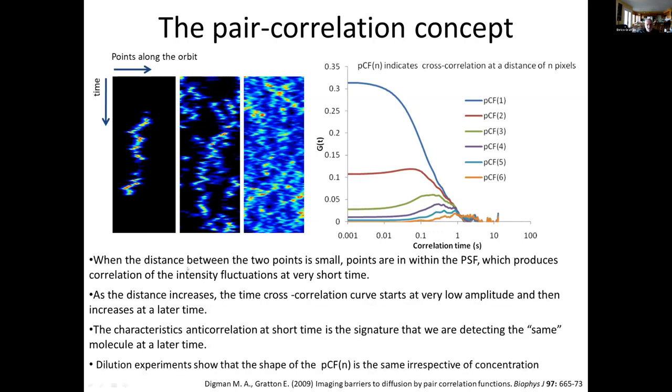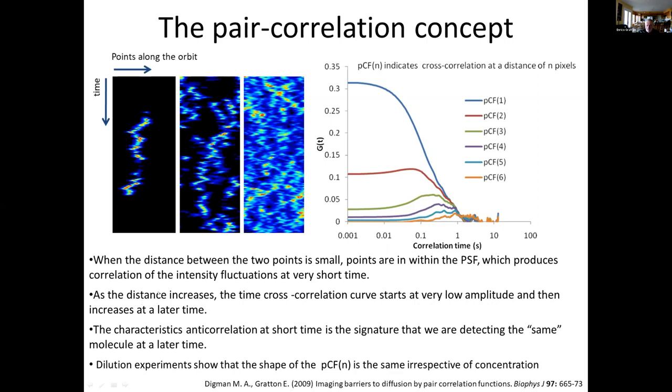So when the distance between 2 points is small, like in this case, where points are within the same point spread function, it will produce correlation of the intensity fluctuation at a very short time. But as the distance increases, so it goes to 2, 3, 4, 5, 6, the time correlation could start at very low amplitude because if it's in one position, it cannot be in the other, and eventually it can be negative.